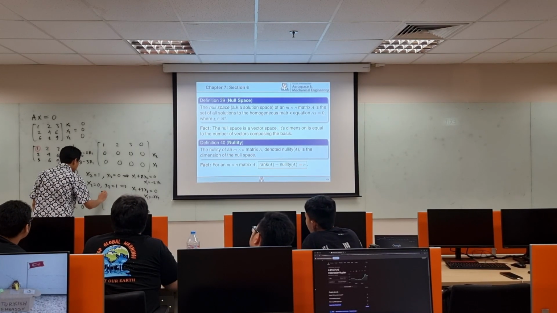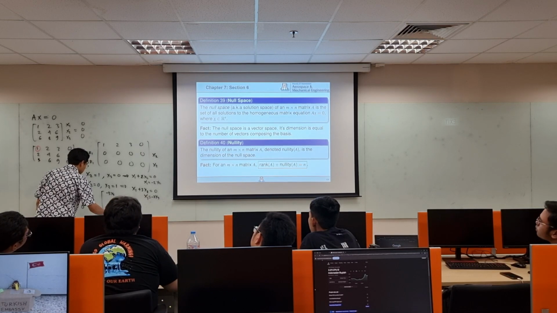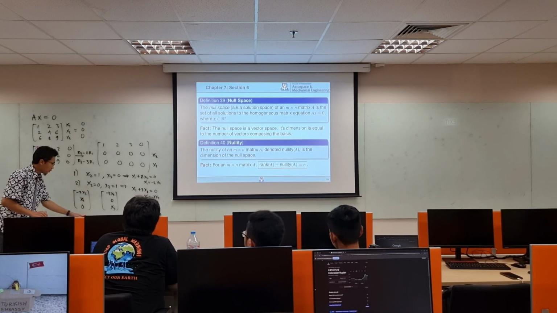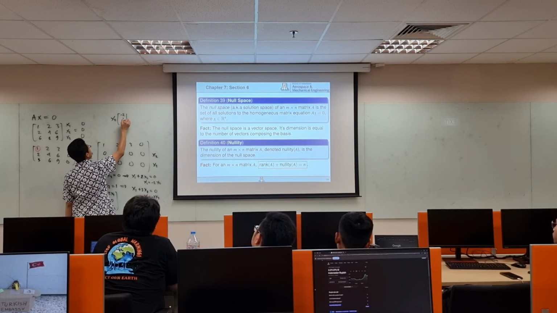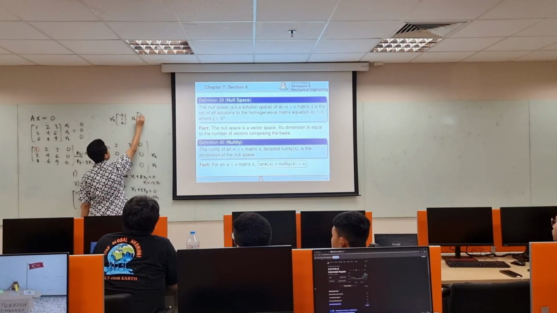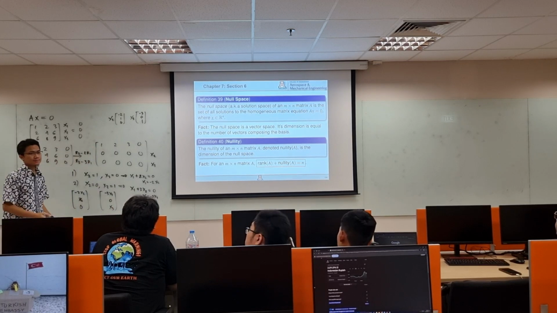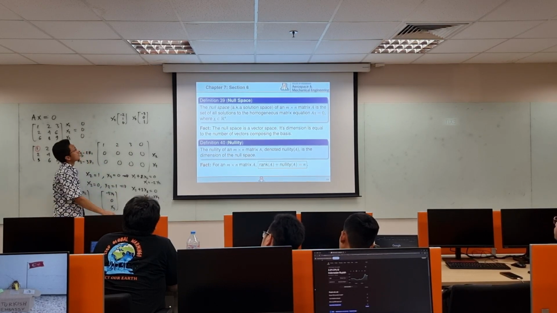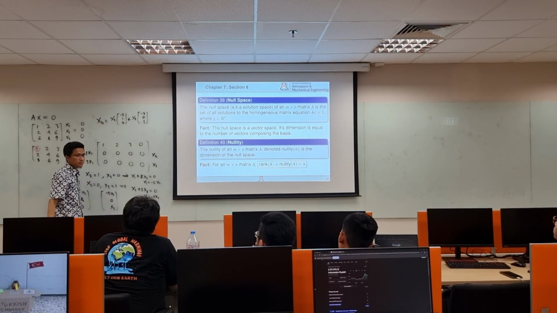And the other one is 0 and then x3. This is my solution space. X homogeneous is this. These two are the final answer.